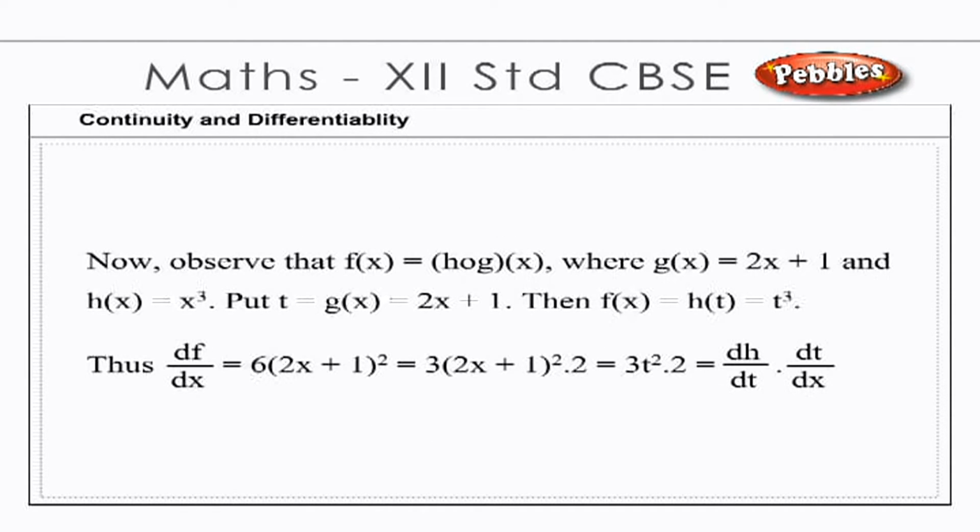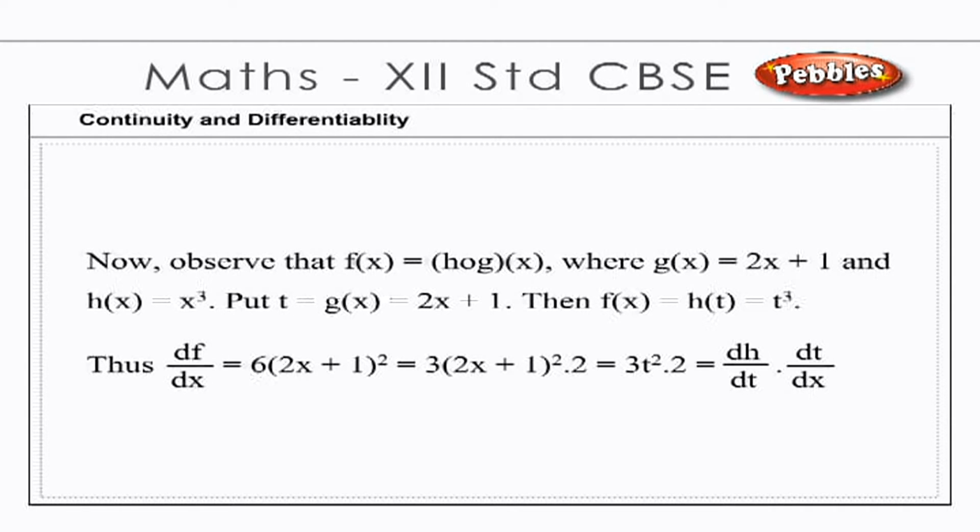Now, observe that f(x) equal to h(g(x)), where g(x) equal to 2x plus 1 and h(x) equal to x cube. Put t equal to g(x) equal to 2x plus 1. Then f(x) equal to h(t) equal to t cube.